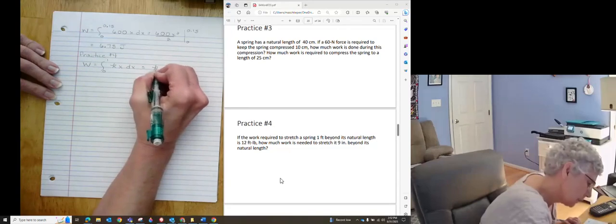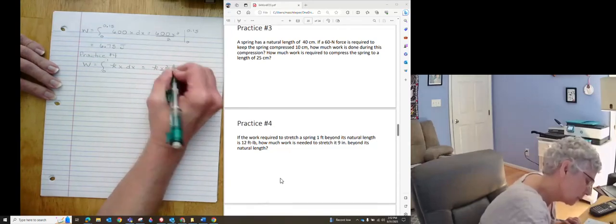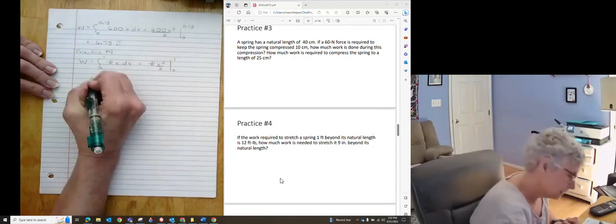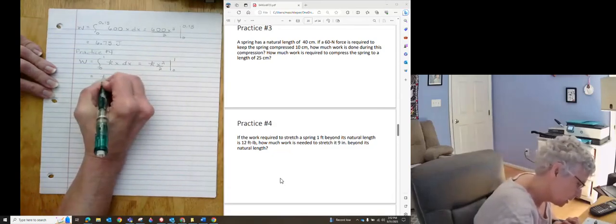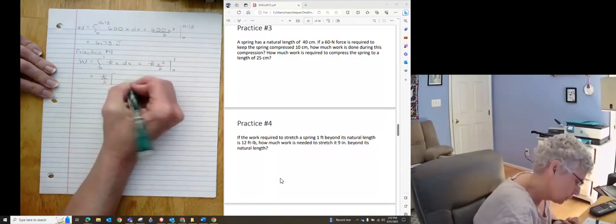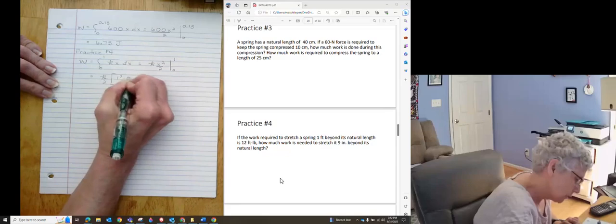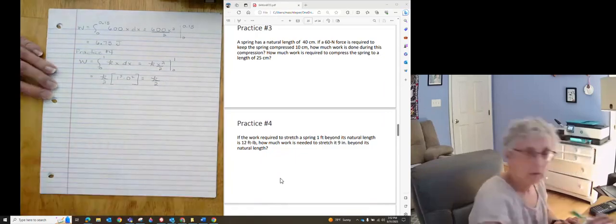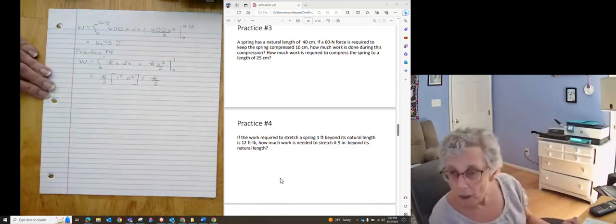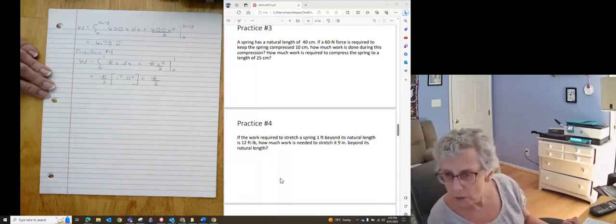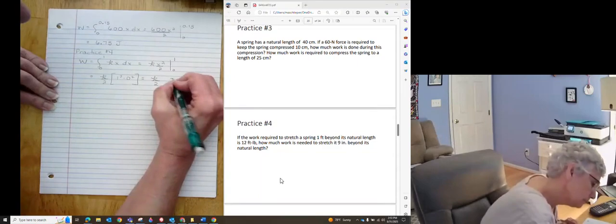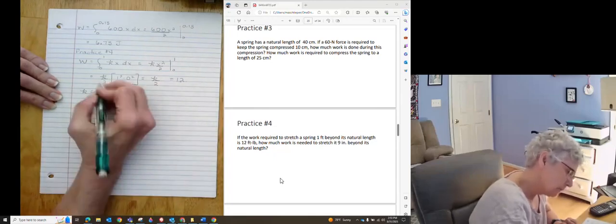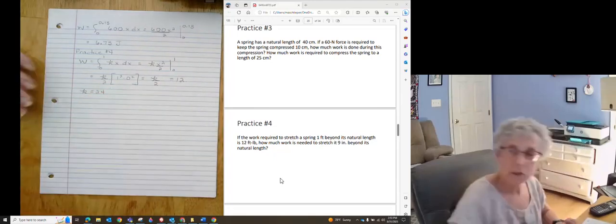This is K times X squared over 2, evaluated from 0 to 1, and luckily it's really easy, so I just have K over 2 times 1 squared minus 0 squared, which is really just K over 2. And that's equal to 12 foot-pounds. So K is equal to 12 times 2, which is 24.